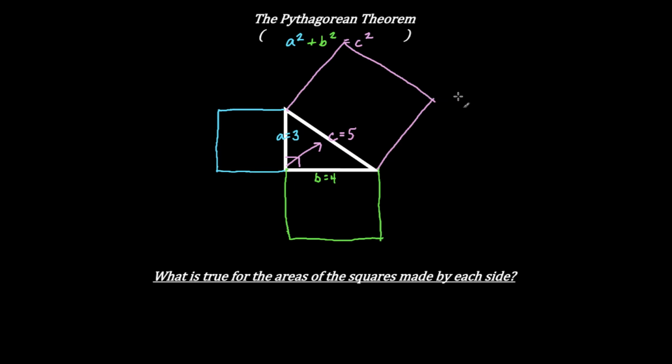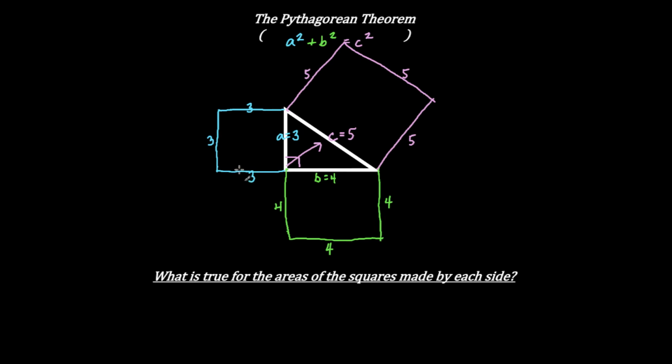Okay, so if this side length is 3 and this is a square, this is 3 units long, this will be 3, this will be 3. Same with this. If this length is 4, this will be 4 units, this will be 4 units, this will be 4 units. And for this square right here, if that side length is 5, that means each side length is 5 units.